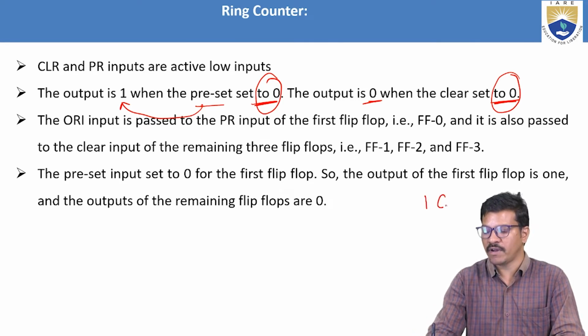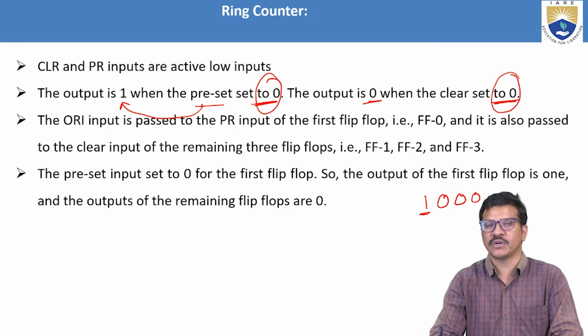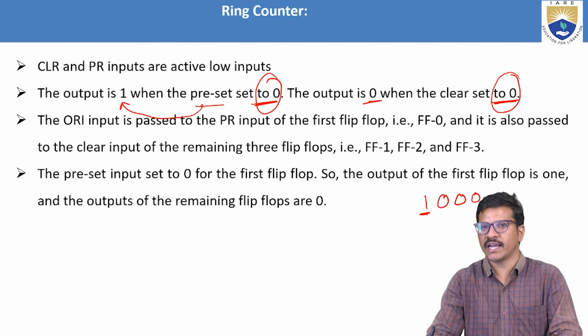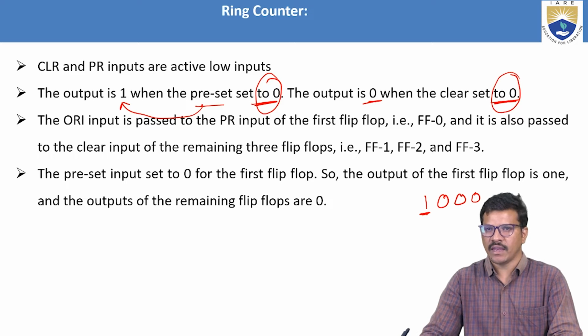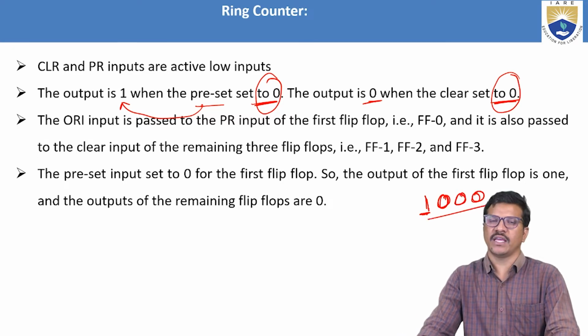The remaining flip-flops are zeros because we are providing the preset connection to the first flip-flop and the clear connection to the remaining 3 flip-flops. Once we provide logic 0 to the preset and clear, 1 0 0 0 is the initial value of the counter.